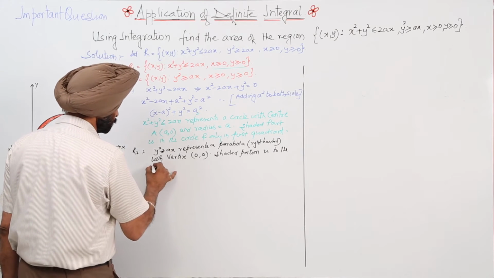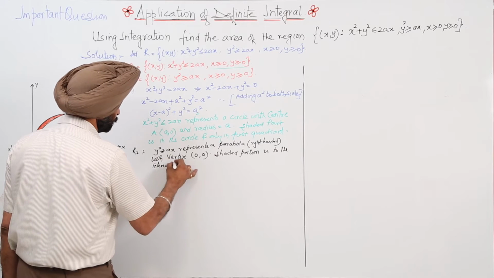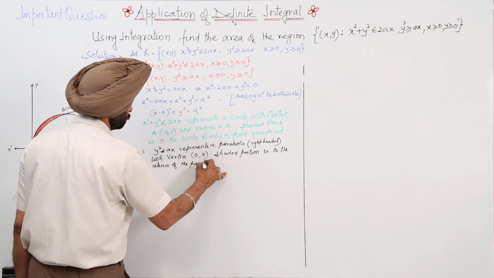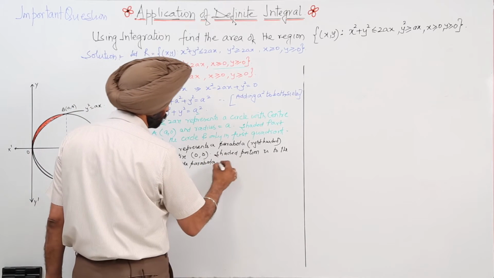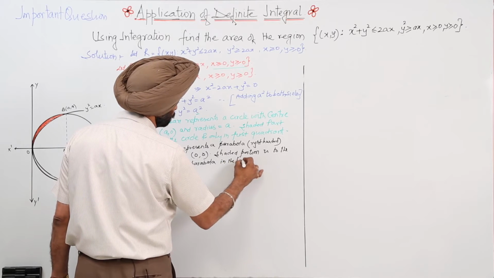The shaded portion is to the interior of the parabola in the first quadrant.